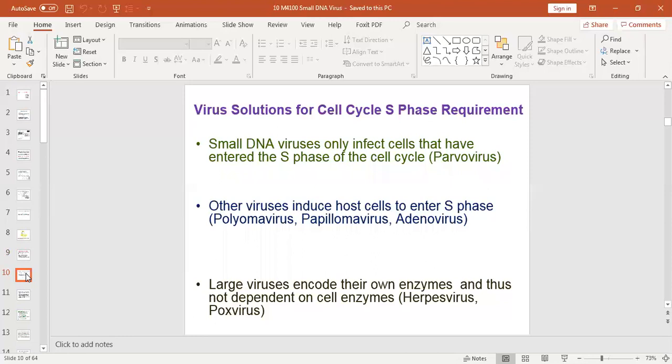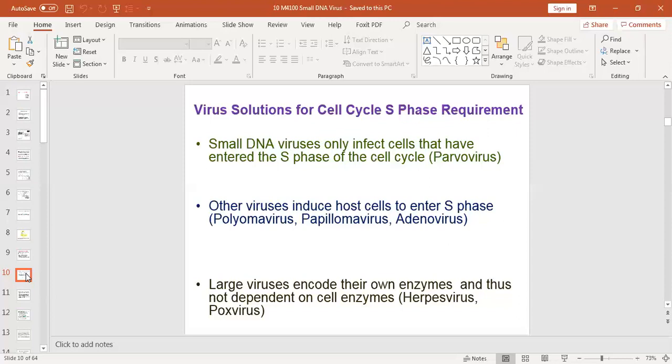So the first problem that the virus encounters is that it depends on the host cell being in the S phase of the cell cycle. How does the virus overcome this so-called cell cycle S phase requirement problem? Three ways. One is that some small DNA viruses only affect those cells that have entered the S phase, such as parvovirus.